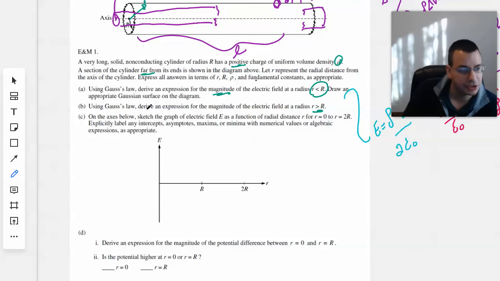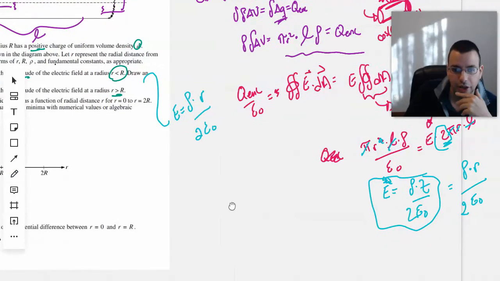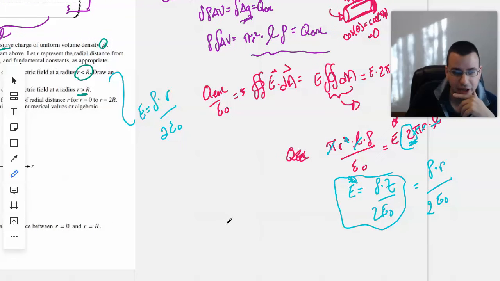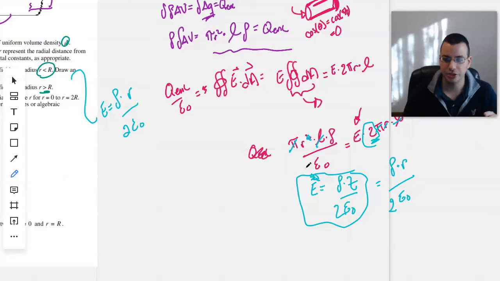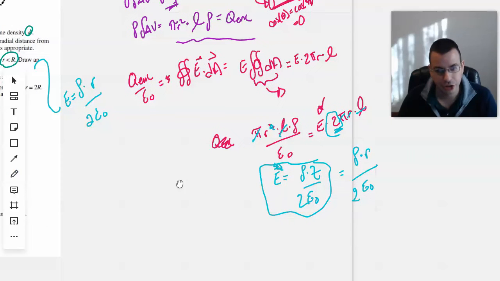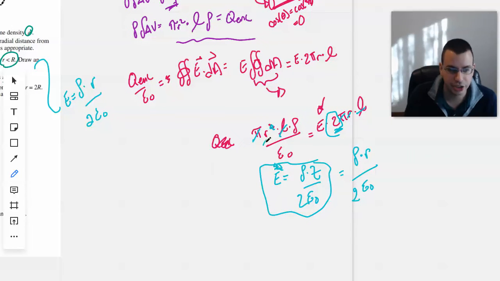Now use Gauss's law to derive an expression for the magnitude of the electric field where r is greater than R. The only part that changes now is the volume enclosed. Our Gaussian cylinder is bigger than the cylinder we're enclosing, so these two r's will no longer be the same.